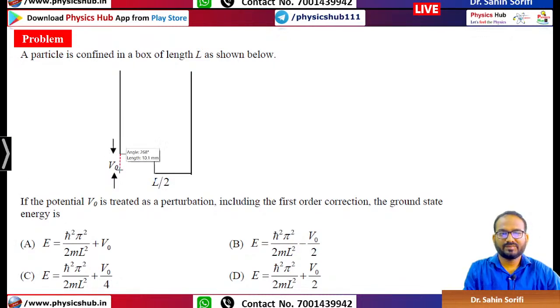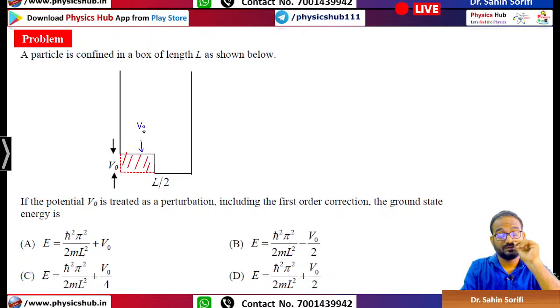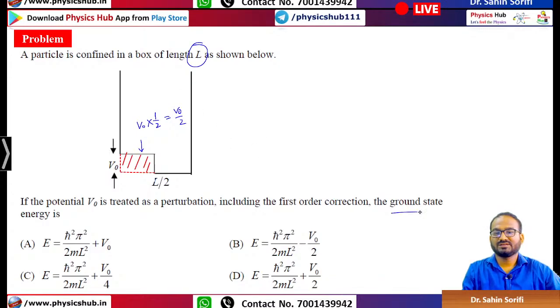So here the perturbation is this part. So you can easily see what is the correction, V naught into L by 2. So V naught into 1 by 2, V naught by 2. So the correction confined on the box of length L, first order correction in the ground state energy.